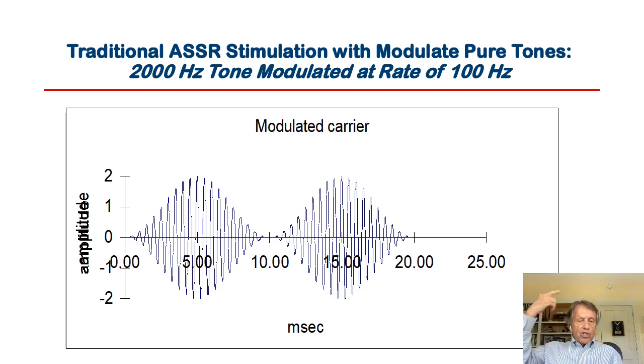So the ASSR device is detecting brain activity with electrodes and documenting that there's brain activity in response to this stimulus. If there were no stimulus, that brain activity would not be there, or if the patient had a severe hearing loss and wasn't responding to the stimulus.